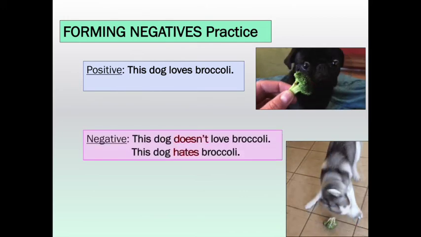So we can say, this dog doesn't love broccoli. We add the auxiliary verb does and then make it negative. You could also use a synonym and say, this dog hates broccoli.